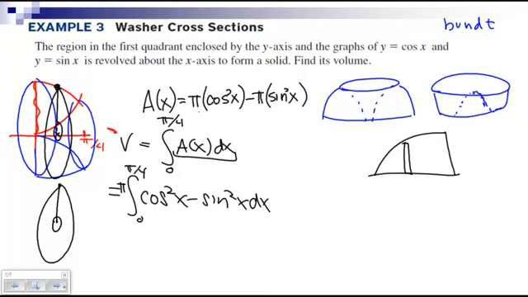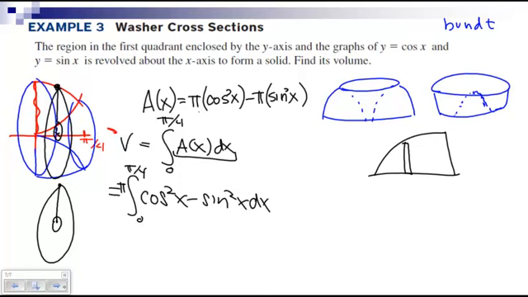But what you do know is that, since all these problems have limits of integration, you can use the definite integral function on your calculator to at least get the numeric answer. Guess what? You bet.